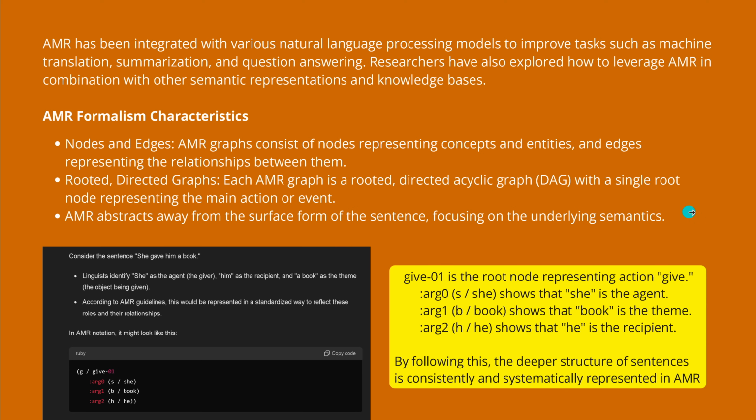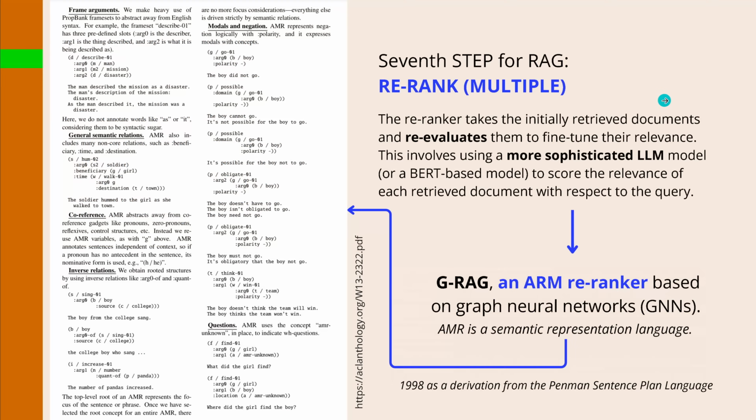So the linguists developed a specific tool, and now the computer scientists come in for their AI and tell the linguists, hey, give us your AMR graph, maybe it will help us. So we are still here in the 7th step for RAG, the re-ranking. But now we are not using a BERT or an SBERT or an LLM, but now we have a GRAG. But remember, GRAG is just a very specific part in RAG.